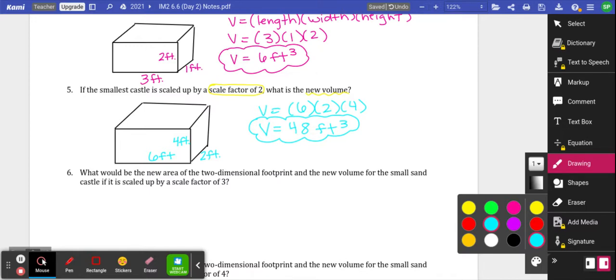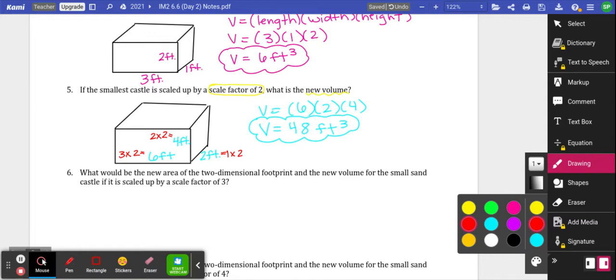So now another thing that you can think about here is that what we did when we scaled up was we multiplied 3 by 2, and we multiplied 2 by 2, and we multiplied 1 by 2, right? So we did 2 times 2 times 2. So instead of just multiplying the original volume by 2 once, we multiplied by 2 three times, which means that we multiplied our original volume by 2 cubed.